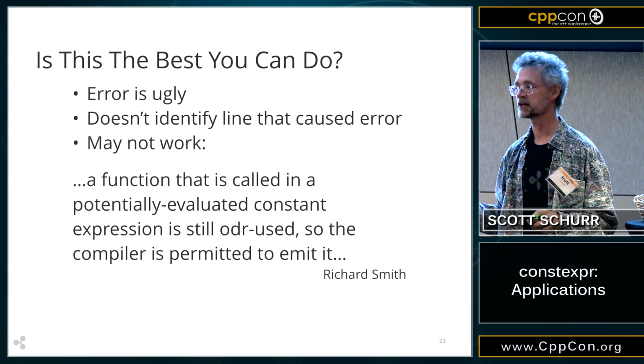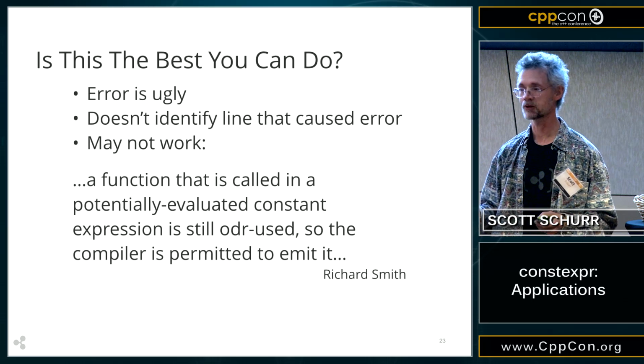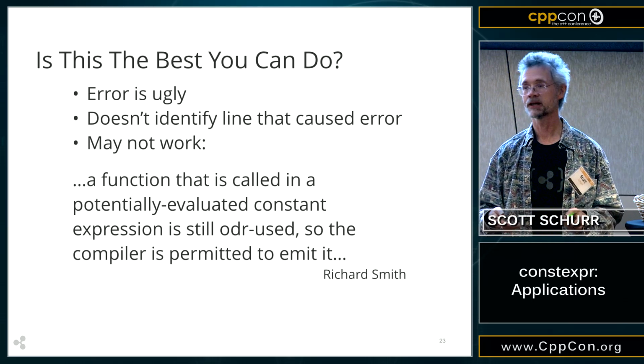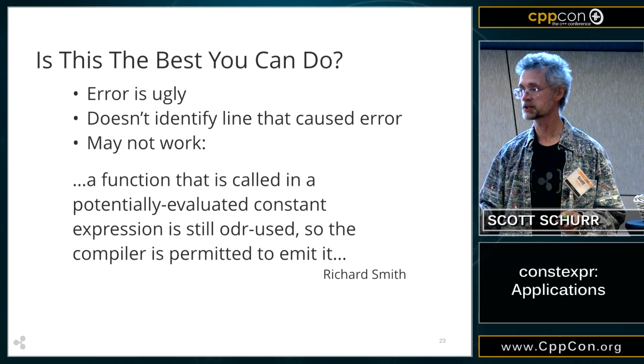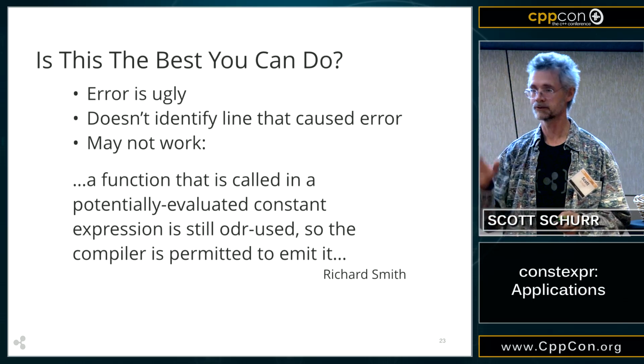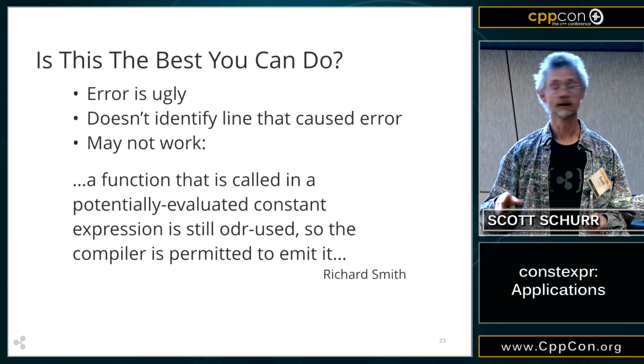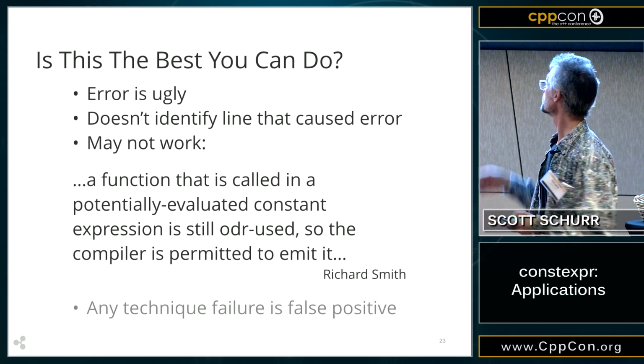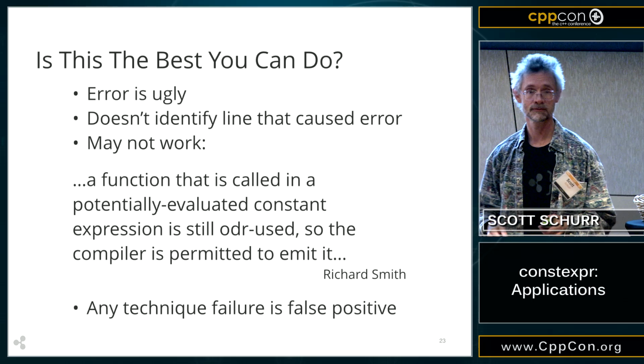So I'm not going to guarantee that this particular workaround is going to work for all circumstances. It could depend on your compiler, it can depend on your linker switches or whatever. So you can force stuff to be included that would retain your throw, and then what you would have would be a false positive.